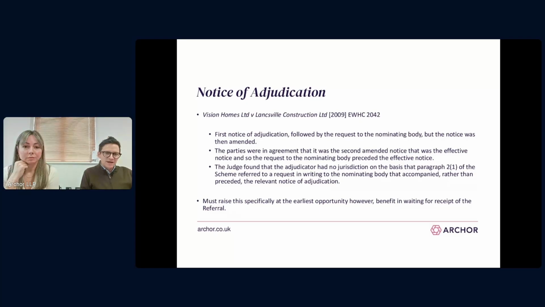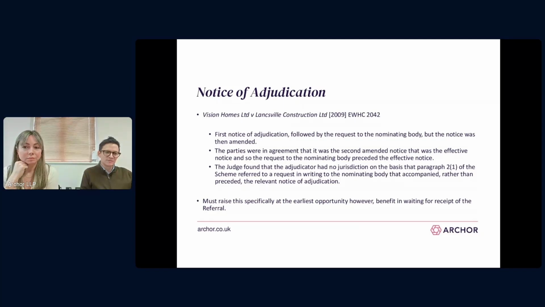Okay, so as I mentioned, if you are a referring party and you realise that you've potentially asked for an adjudicator nomination before you serve the notice, I think the best thing to do at that point is to either let your notice lapse or expressly withdraw it and start again.